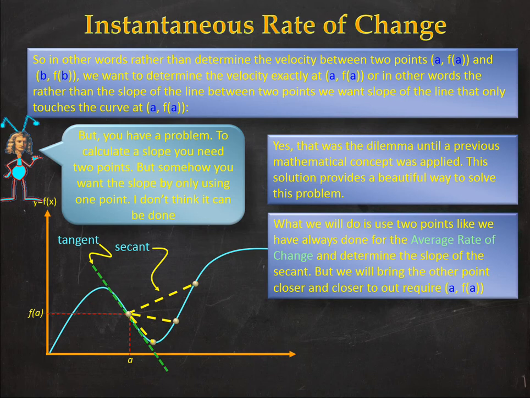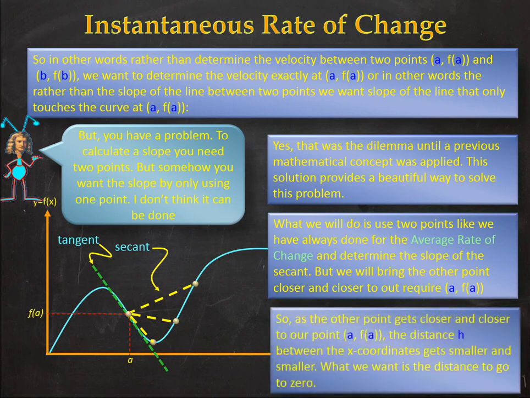So in other words, we're going to take our point B and bring it closer and closer to our point A. And every time we bring it in closer, we will determine the slope of the secant. And we'll know we'll get the exact answer if we bring the point B so close to the point A.